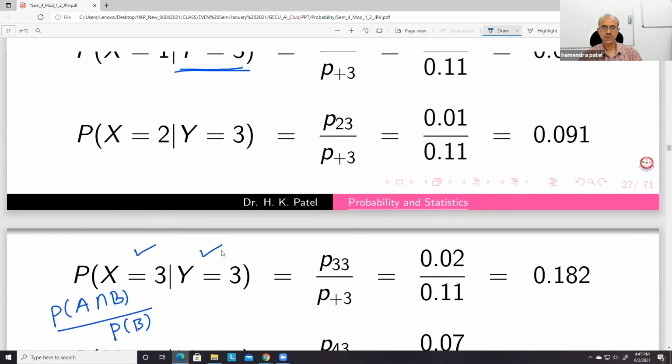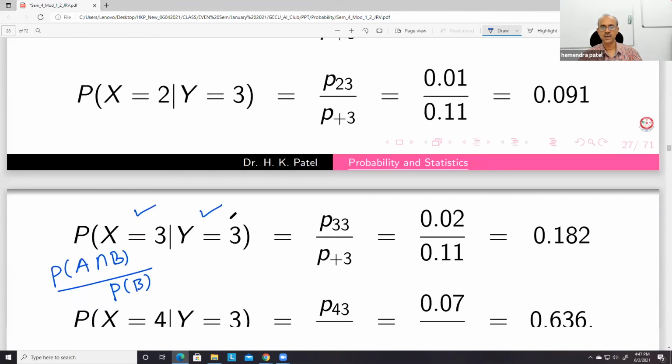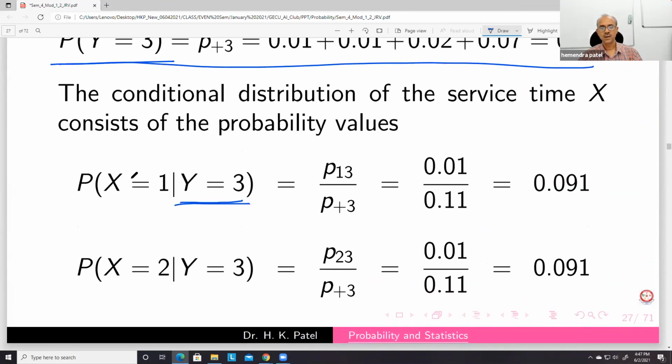So what we have is y is equal to 3. Y is equal to 3 means this is the number of AC. So there are 3 AC at that location. Now x is equal to 1, x is equal to 2 are times of 1 hour.